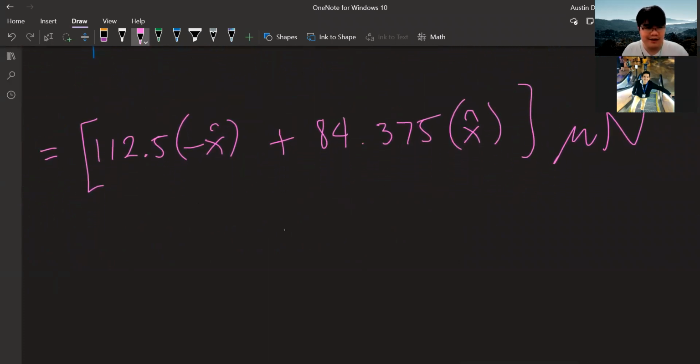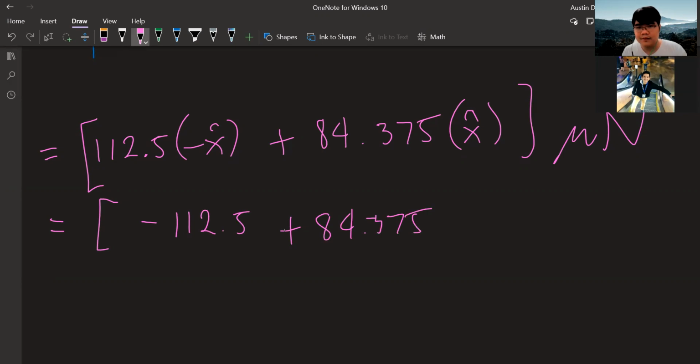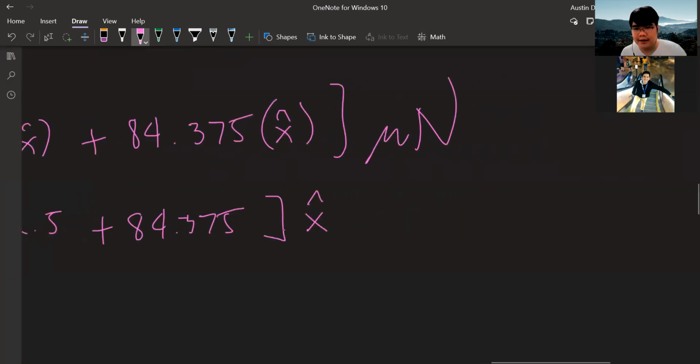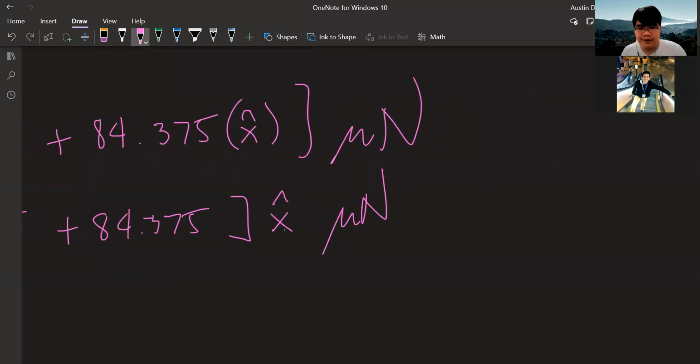Okay guys, with vectors, when your unit vectors are the same, they simply add. So you can factor out x hat, and you're left with negative 112.5 plus 84.375, all in x hat as micronewtons.